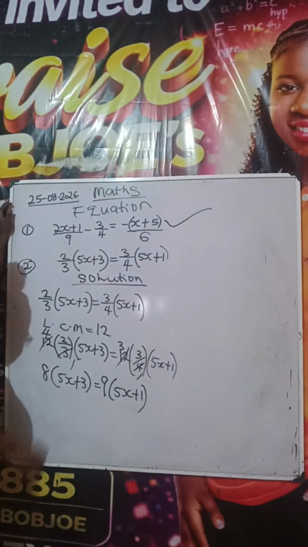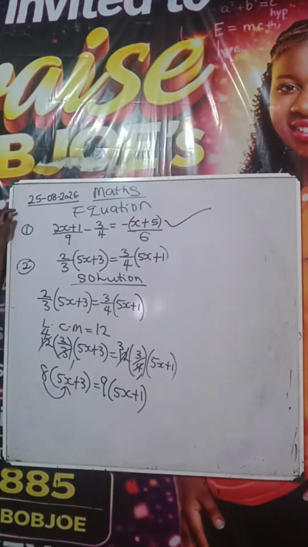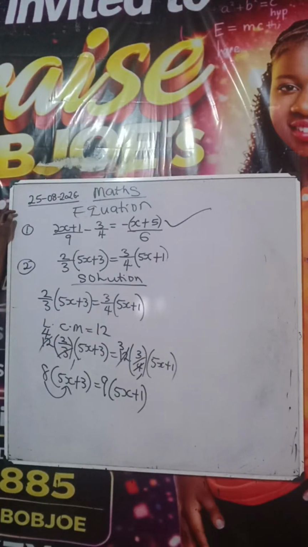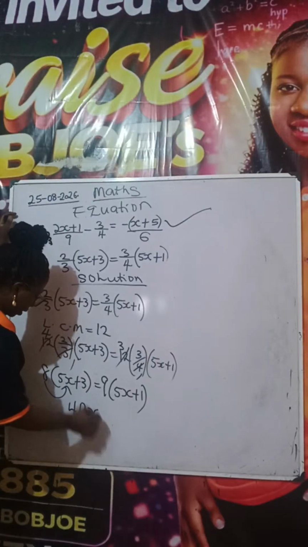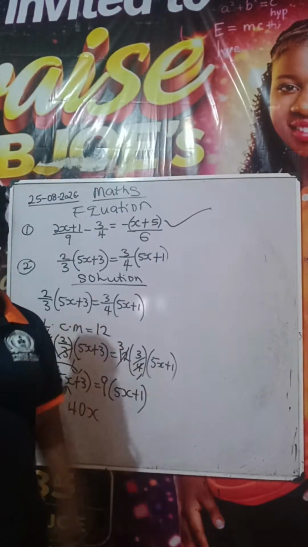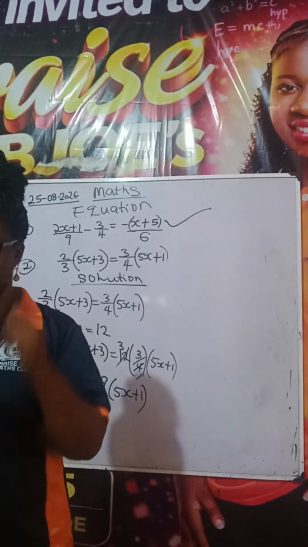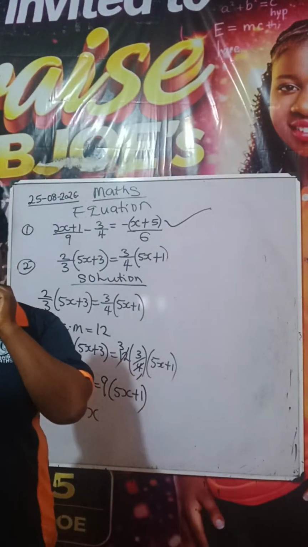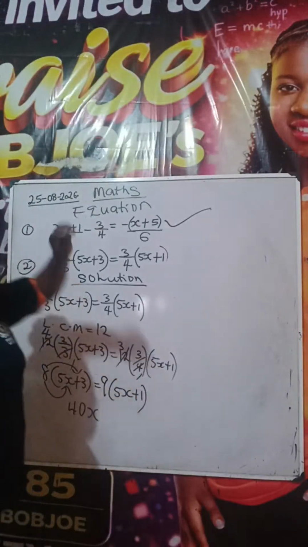And that would be 8 times 5. 8 times 5, what do we have? So 8 times 5 will give us 40x. Then 8 times 3. We have 24. Good job.